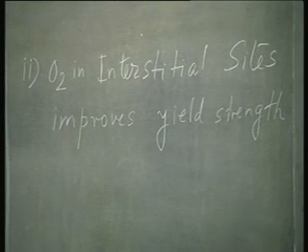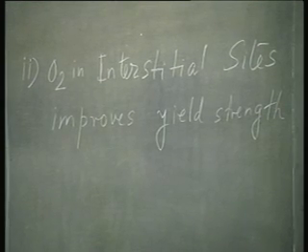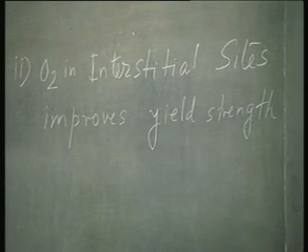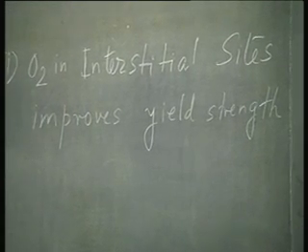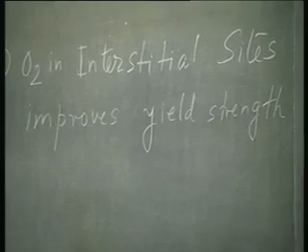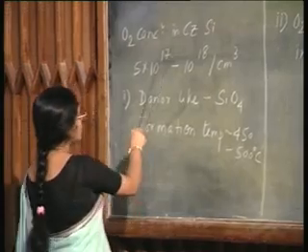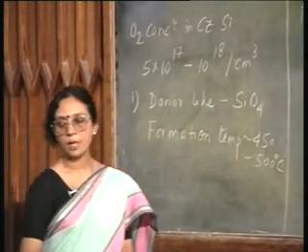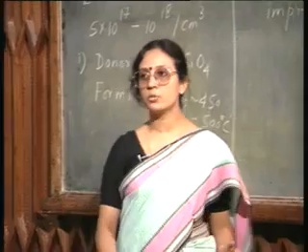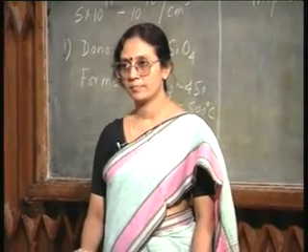But all this is true when I have relatively less amount of oxygen incorporated during crystal growth, that is, when I am towards the lower limit of the oxygen concentration, up to 6.4 into 10 power 17.